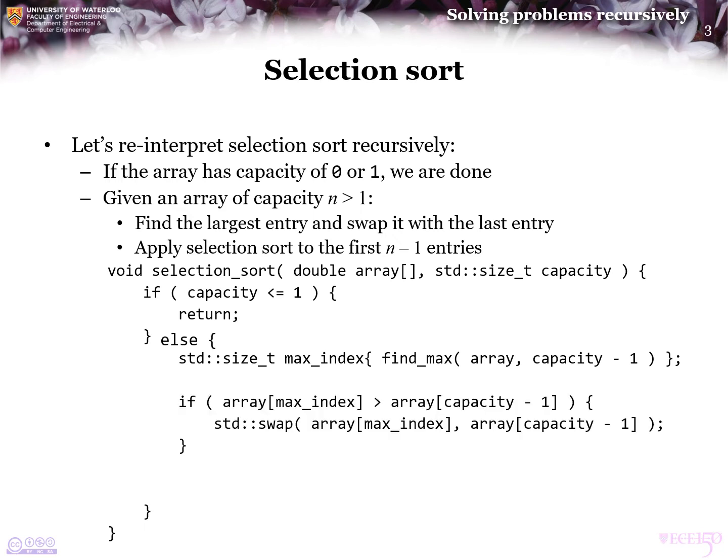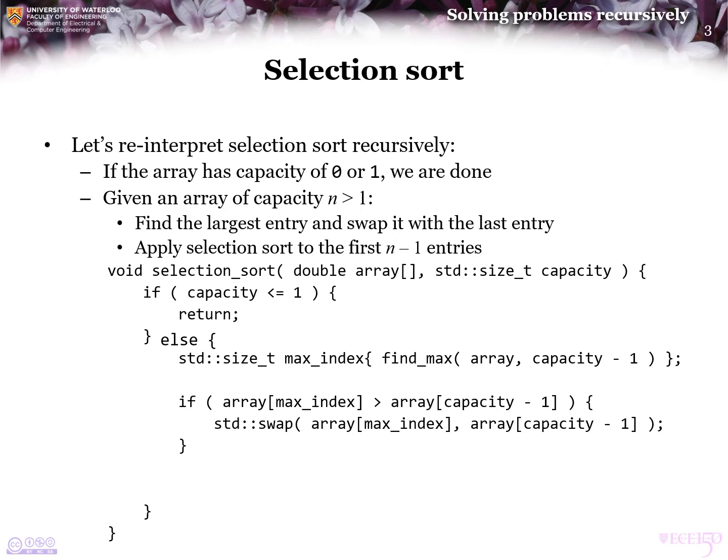We will now compare that entry at max index with the last entry of the array of capacity n, which is sitting at index capacity - 1. If the largest entry in the first n-1 entries is larger than the last entry, then we will swap the two.